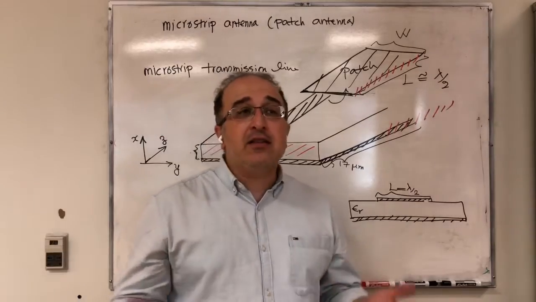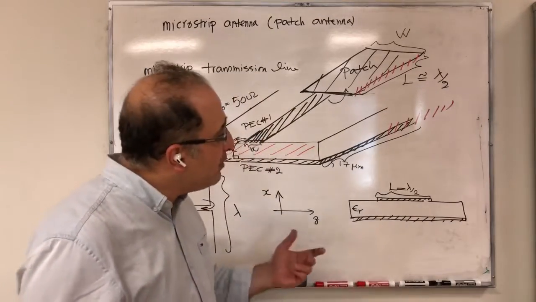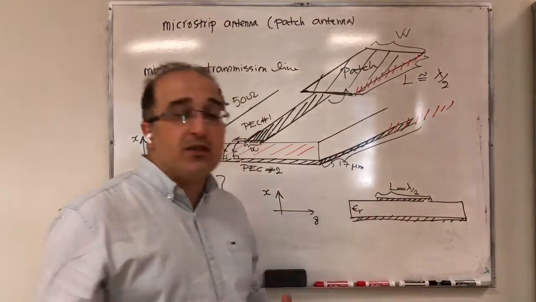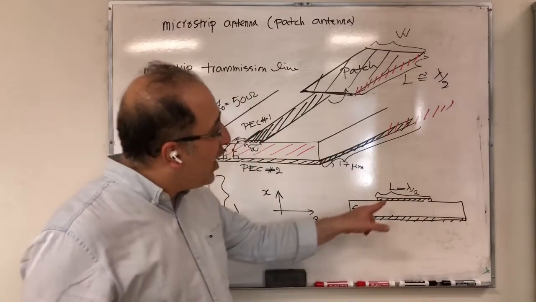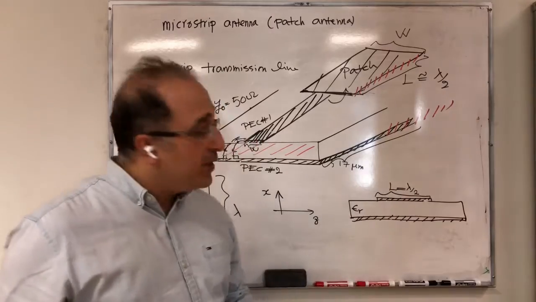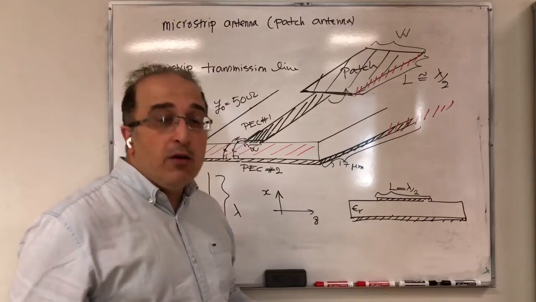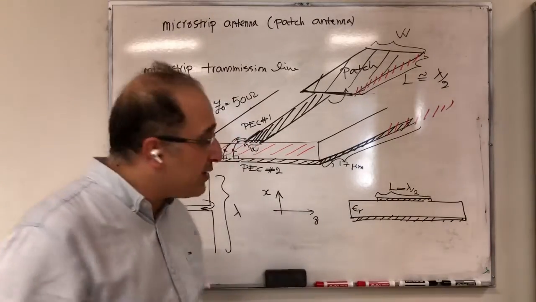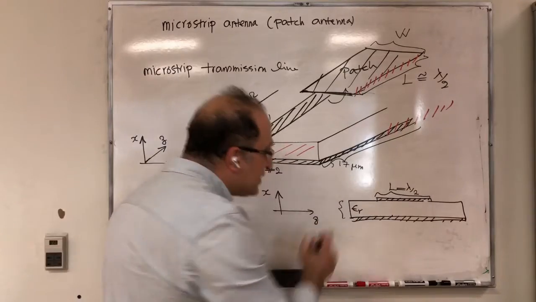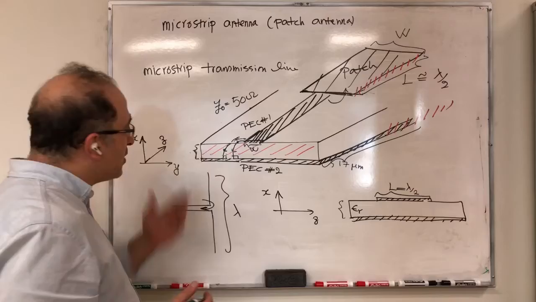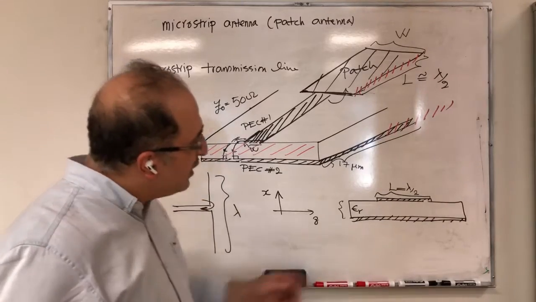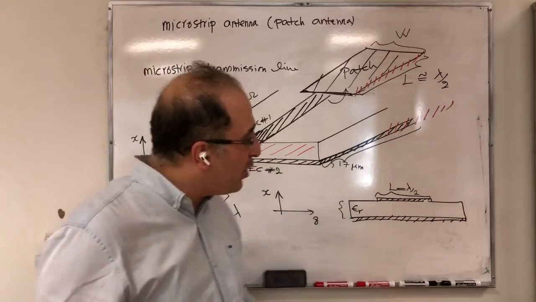As soon as I say transmission line model, that means you're going to look at this structure from the transmission line point of view. You would say, I have two conductors, and these two conductors form a transmission line. Why is it a transmission line? Because this thickness is so small. By definition, these dielectric substrates are so thin. So this is a transmission line. That part is okay.